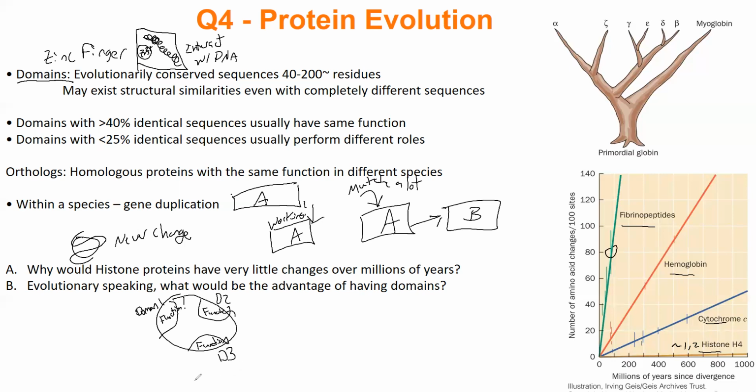So what's the advantage of this? It's very easy to create new proteins from this domain system. It speeds up, more or less, evolution. Because if you think about it, during this gene duplication event, what can also happen is that maybe just a domain gets, the DNA of that gets duplicated.